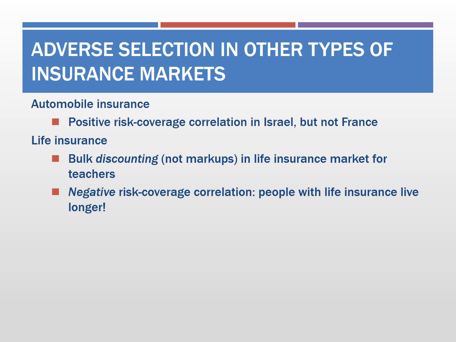Also, another study about the insurance market for teachers indicates that insurance companies are willing to offer a bulk discount, which we talked about earlier in the chapter. It's rare for an insurance company to offer a bulk discount.